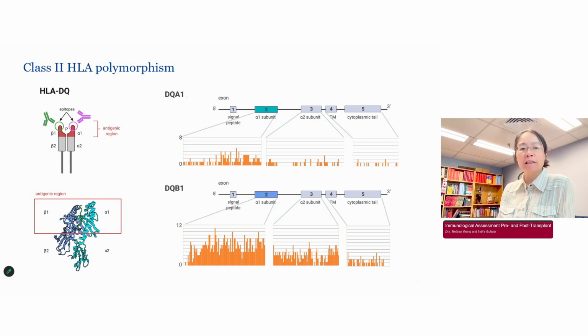So one has to consider that there may be antibodies directed against the DQ beta chain, which is the classical thinking, but up to 25% of DQ antibody actually reacts against the alpha chain as well. If you have polymorphisms in the alpha chain, you have to consider whether that would lead to reactivity if you have a particular DQ alpha antibody. There are also other antibodies that are newly characterized as requiring both the specific alpha and beta heterodimer pairings.